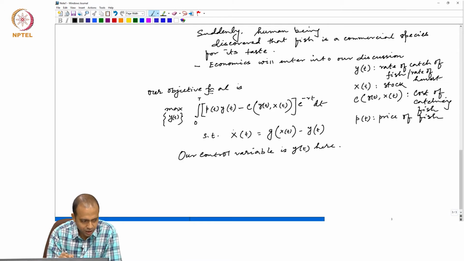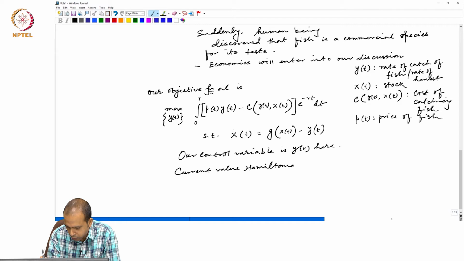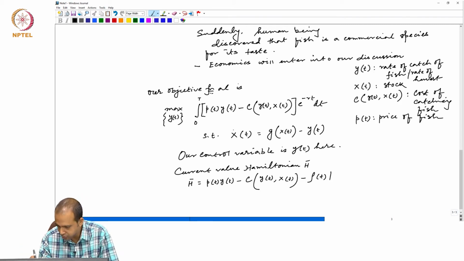The current value Hamiltonian, denoted by H bar, equals simply P t into y t minus C function, C of y t into x t, minus rho t into g of x t function minus y t.